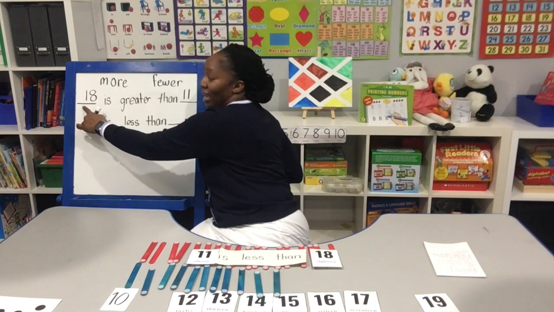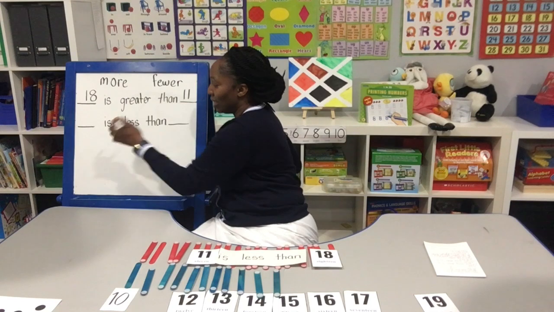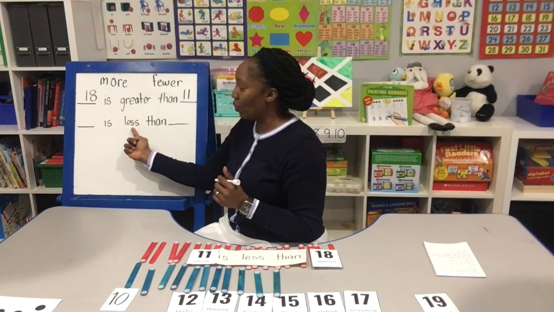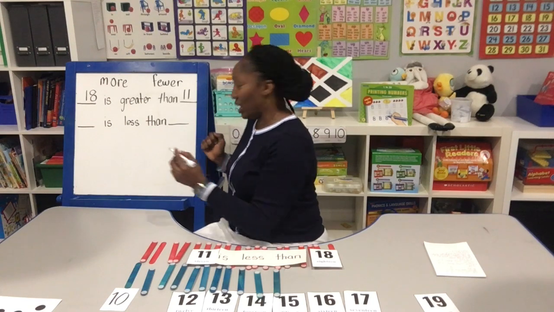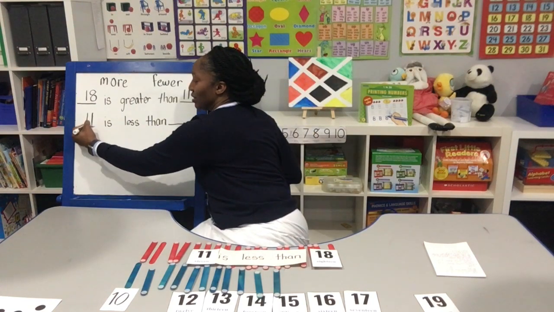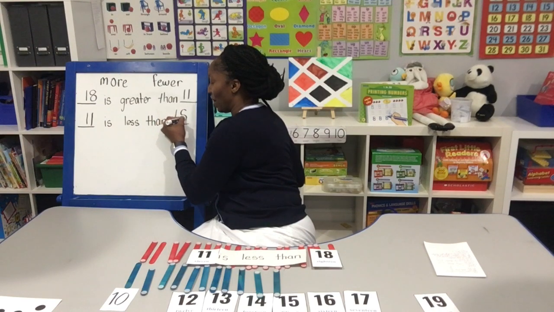Say it with me. 18 is greater than 11. Let's try doing it with less. What number should come here when I'm talking about less? 11. 11 is less than 18. Very good.